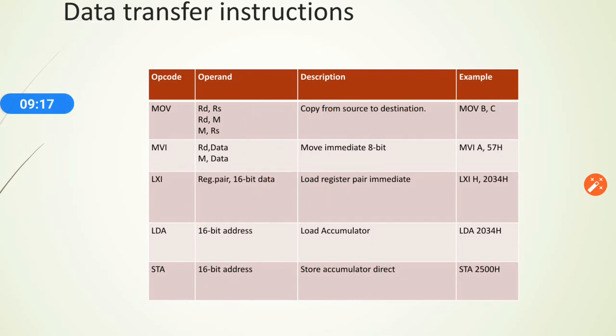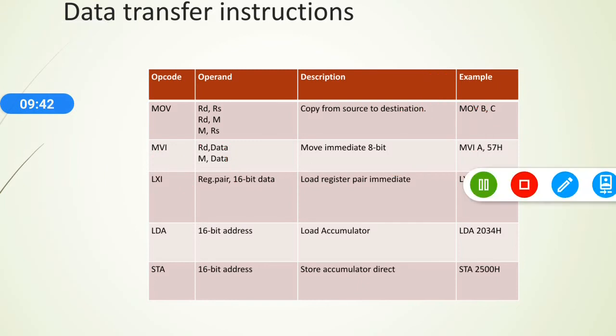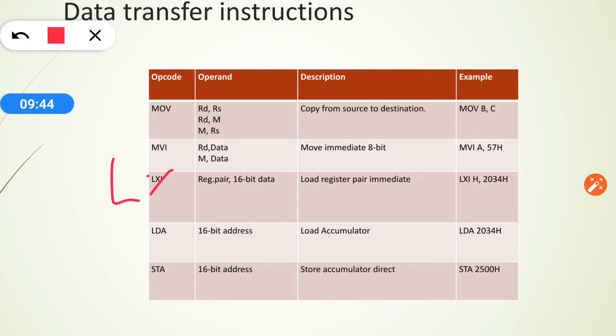For that I use the command LXI, and then the pair's first register. We have BC, DE, and HL. The first register of the first pair is B, of the second pair is D, and of the third pair is H. So I write LXI, then B, comma, 16-bit data.